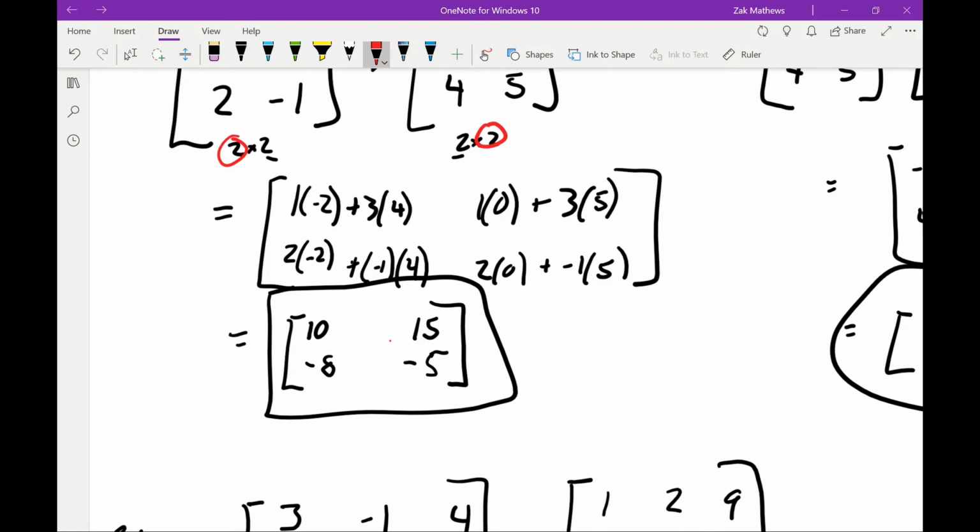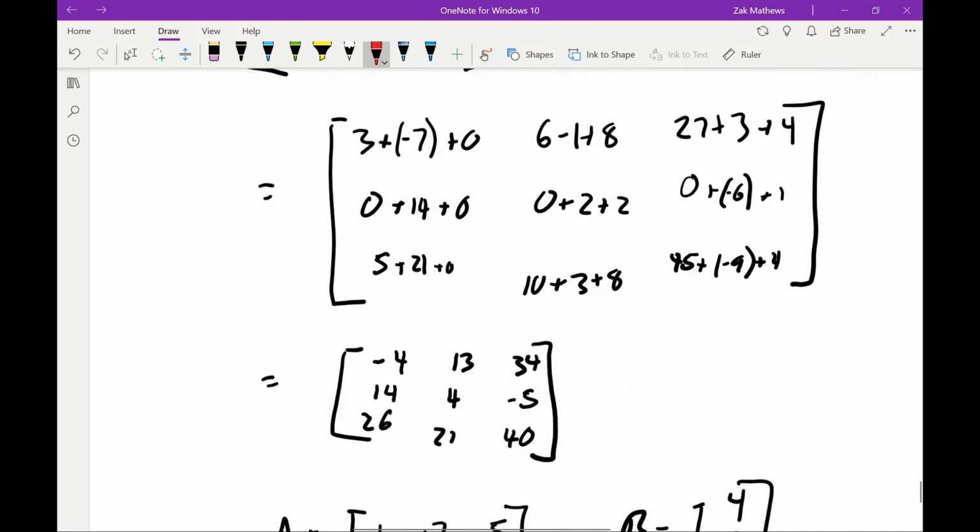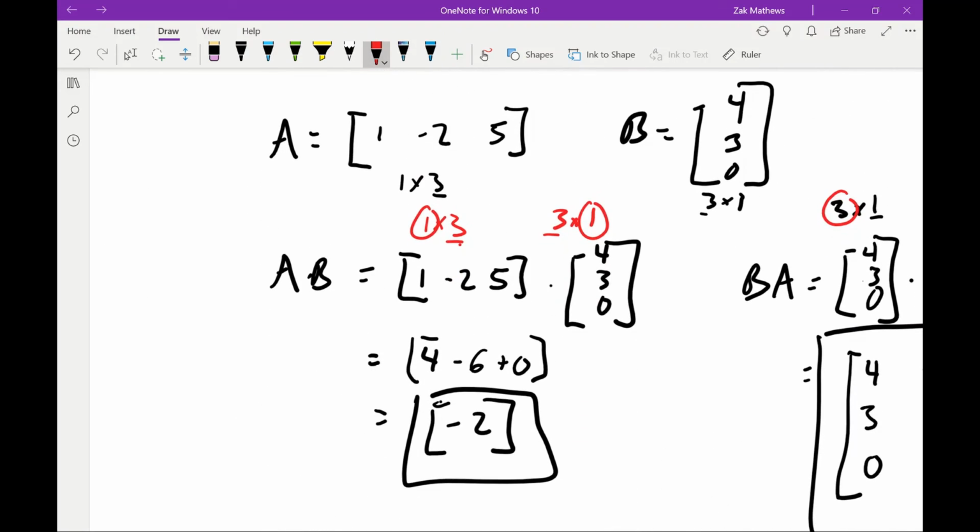The order tells us a lot about the result that we're going to get with multiplication. The inner numbers have to match, and the outer numbers are going to be the result.